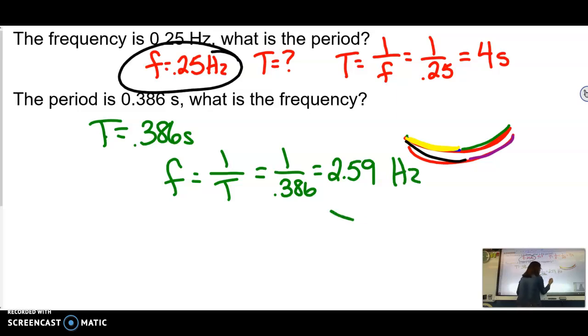That means it does 2.5 and a little bit more swings every second. So it does 1, 2, and a little bit more every single second. So that's swinging pretty quickly. That's why the period is so small, because it's swinging pretty quickly.